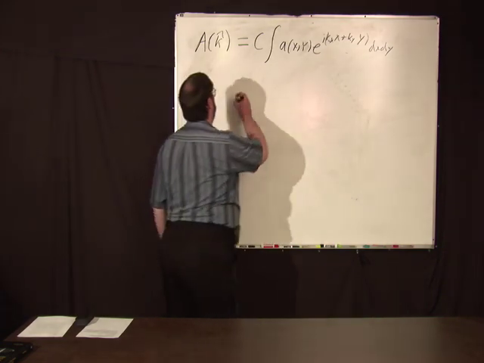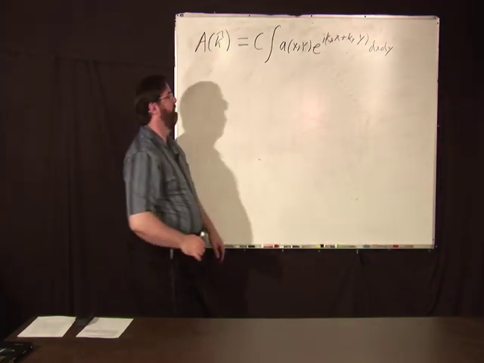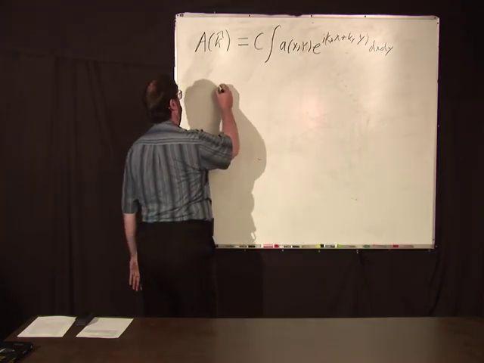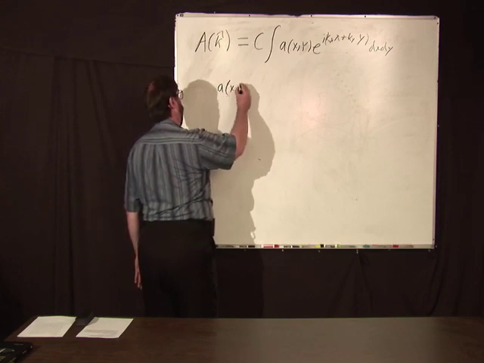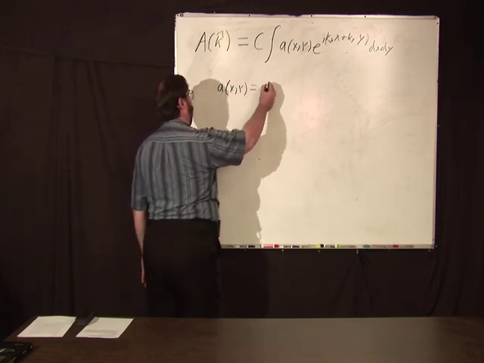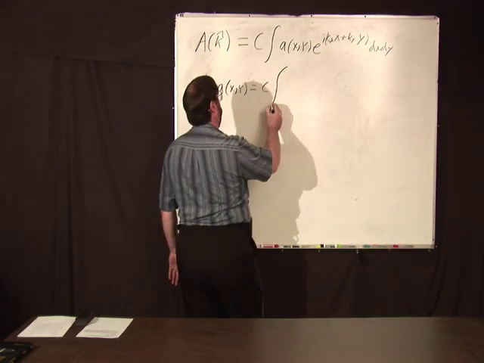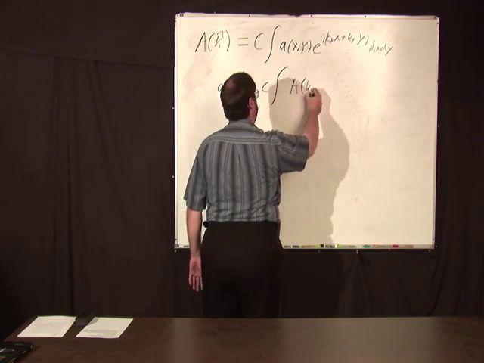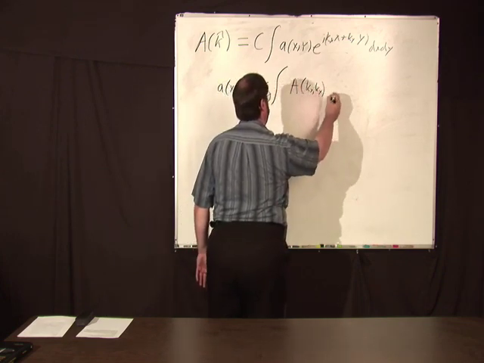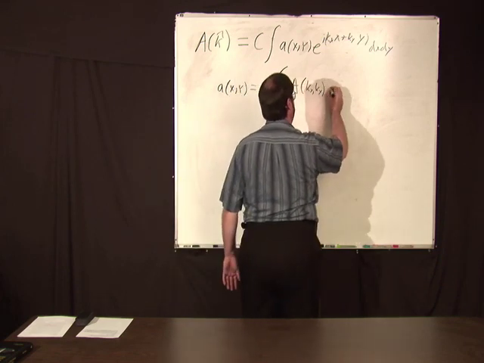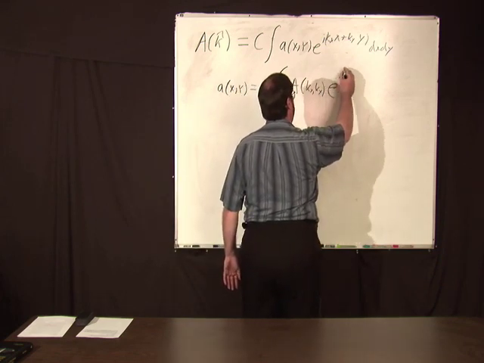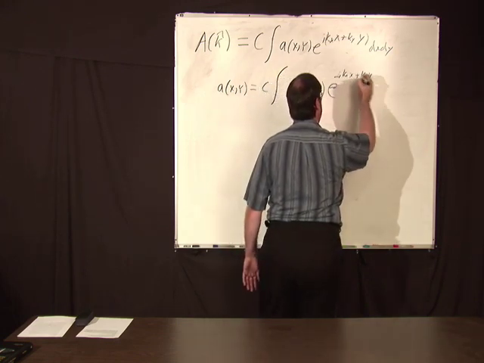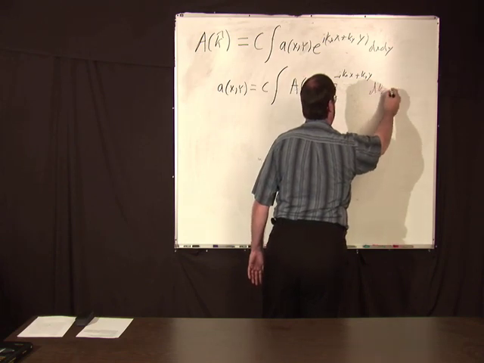So if we have our plane wave spectrum, and this is the A of xy on some plane, we can get A of xy for any surface, for any xy, as some constant (the constant's not important at this point) times the integral of A of kx, ky, the antenna pattern, times e to the i(kx x plus ky y), dkx dky.